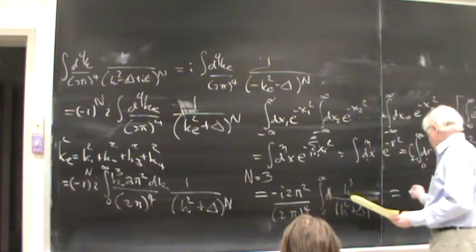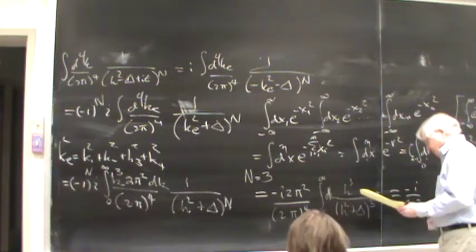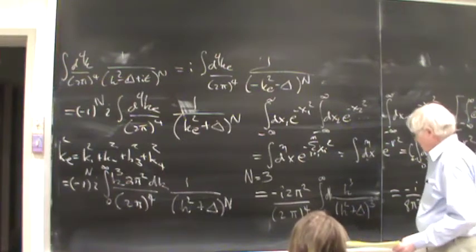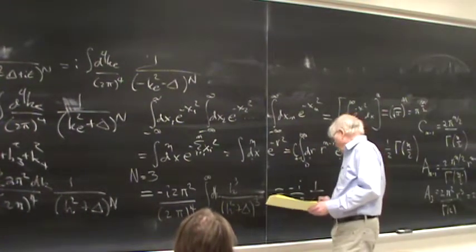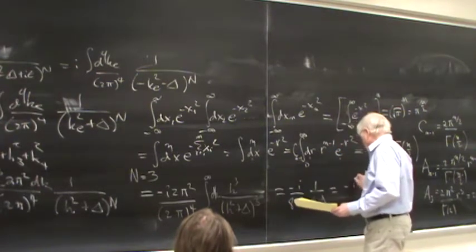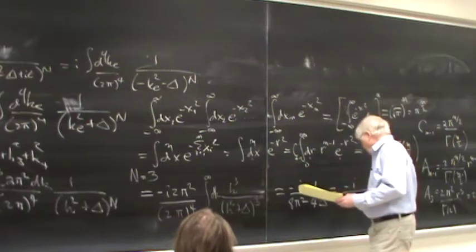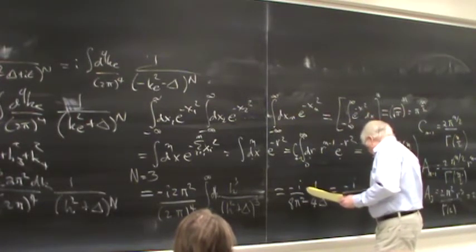And so this is minus i over 8 pi squared. And now I use Mathematica to do the integral, 1 over 4 delta. And so this is minus i over 32 pi squared delta.